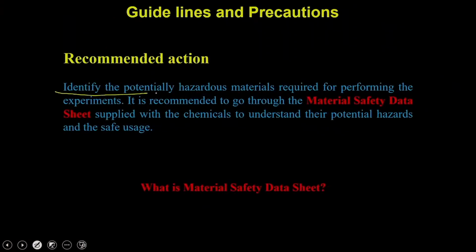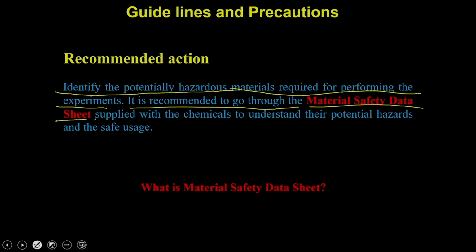Before you start the experiment, identify the potentially hazardous materials required for performing the experiments. It is recommended to go through the material safety data sheet supplied with the chemical to understand its potential hazards and safe usage.